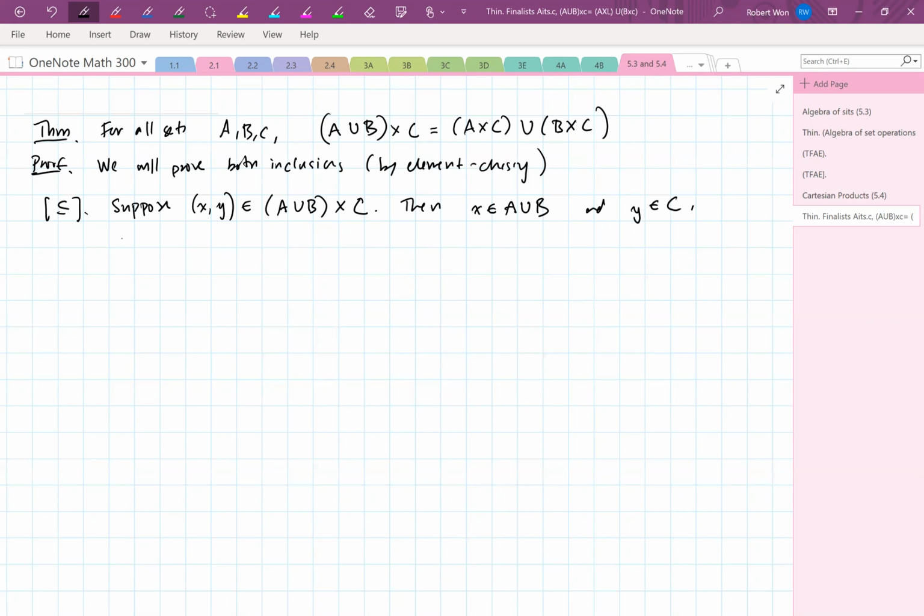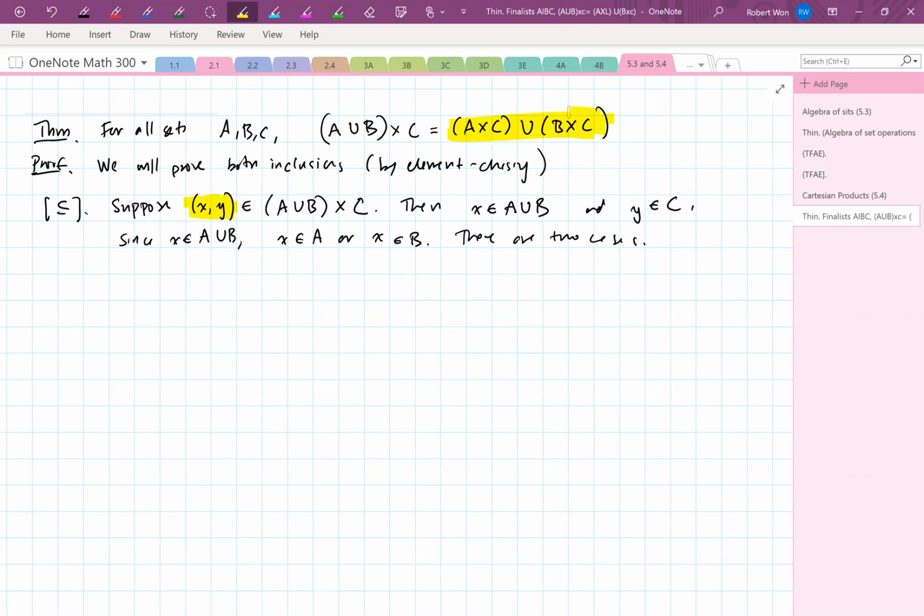Okay, so since x is in A union B, x is in A or x is in B. Okay, so there are two cases. Why? What I want to show is that this ordered pair is in this set.